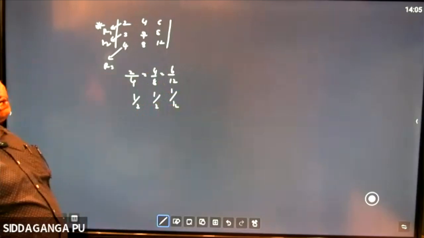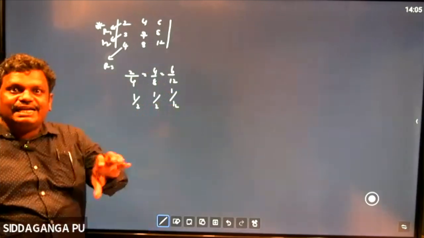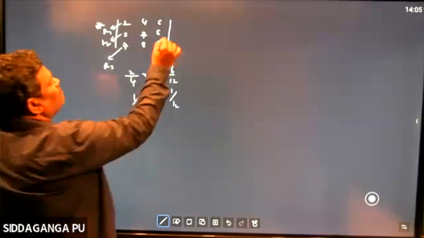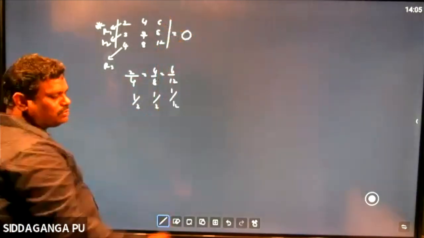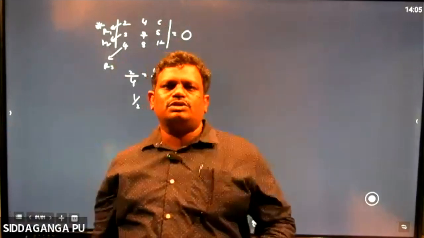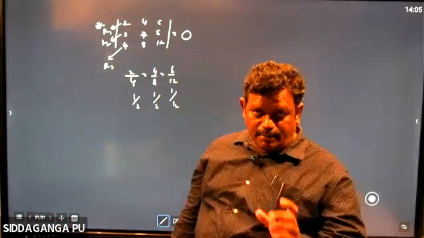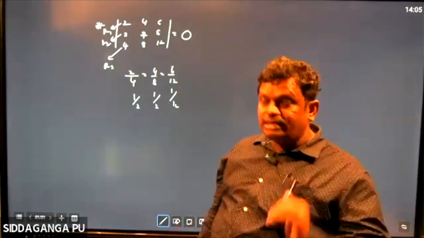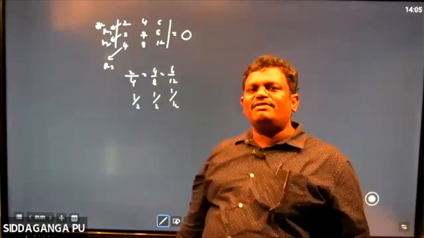So whenever any two rows or columns are identical, or proportional with the same ratio, the determinant value is equal to 0.